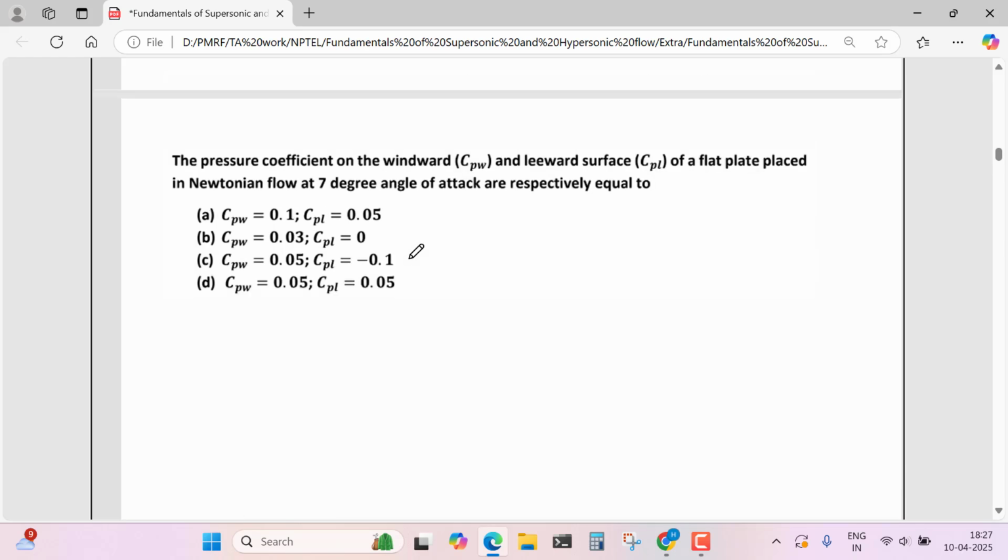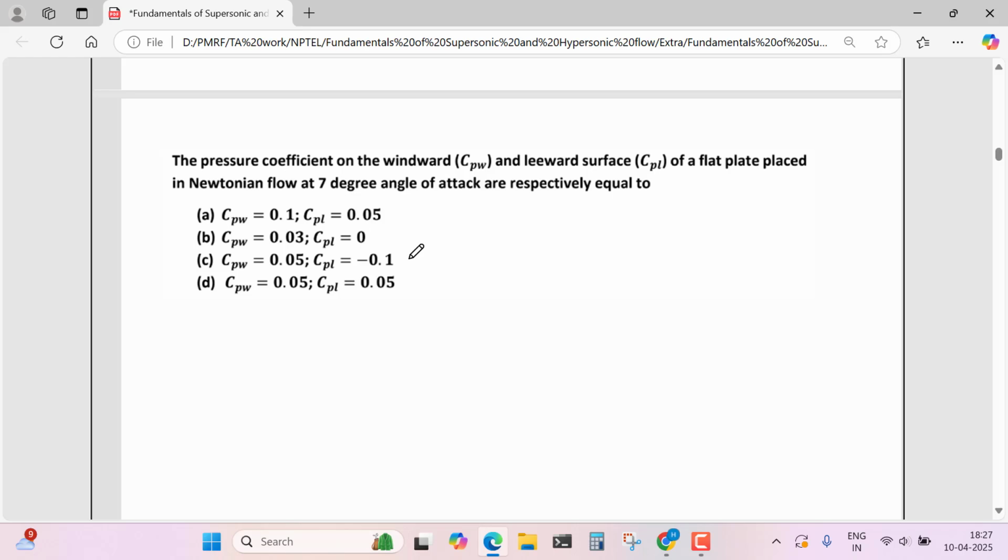Pressure coefficient on the windward CPW and leeward surface CPL of a flat plate placed in a Newtonian flow at 7-degree angle of attack are respectively equal to: A. CPW equal to 0.1, CPL equal to 0.05.